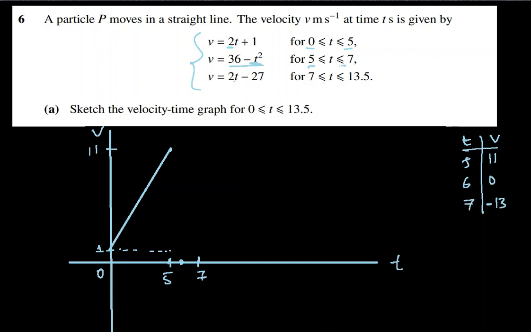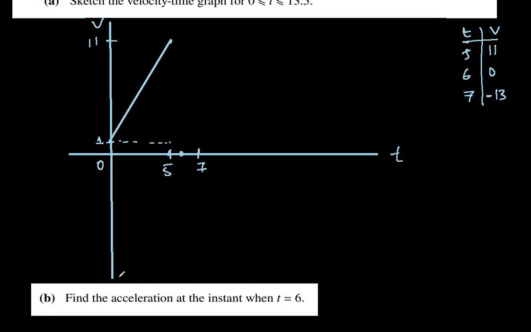So if that is 11, let's say minus 13 is here. We have to make a curvy kind of graph between 5 and 7. Let me use a curve. That's it. It will be a curvy kind of graph till 7 seconds.